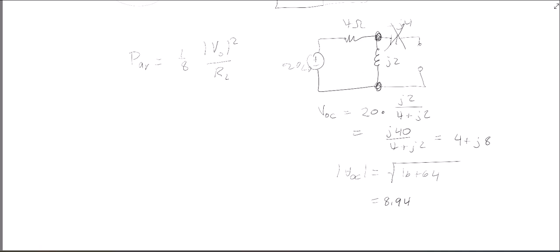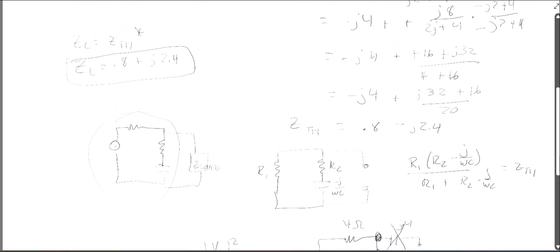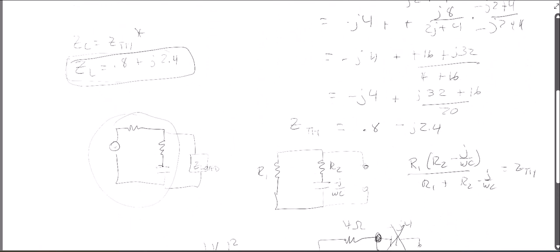And so now I can say that P max equals 1/8 Vs squared over RL. So it would be 1/8 times 8.94 squared over just the resistive part. If I look at Z load, the resistive part was 0.8.